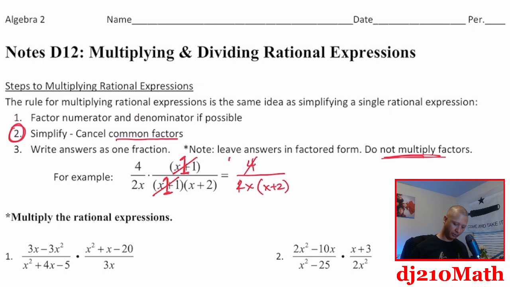A 2 in the bottom is going to cancel out with the 4 in the top. So 4 divided by 2 is 2. So the final answer is 2 over x plus 2.